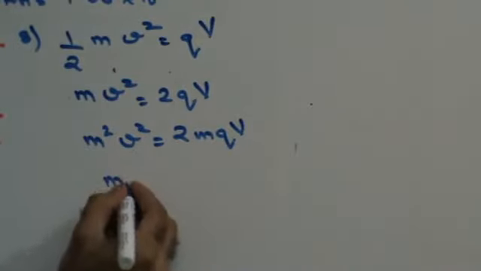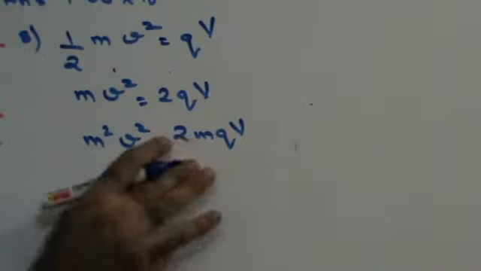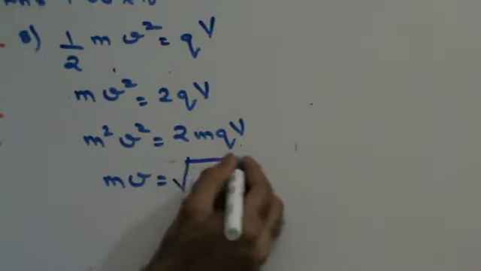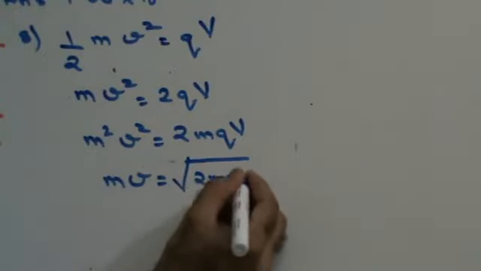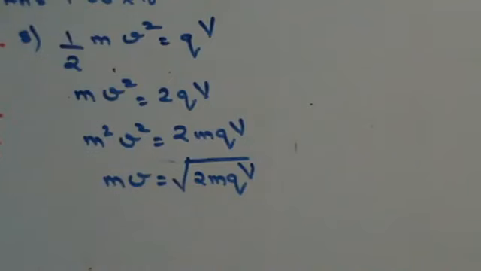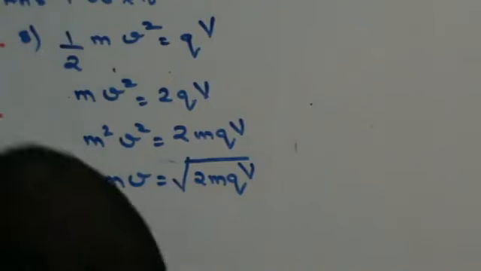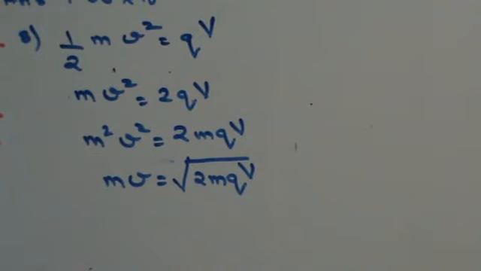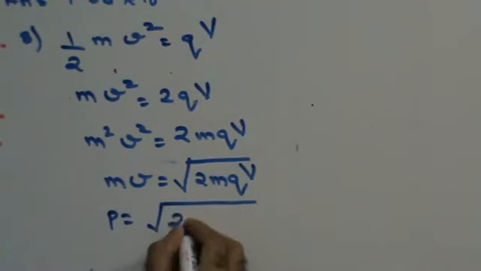Take square root, so I'll get mv is square root of 2mqv. Right, once I have this, but what is mv? mv is nothing but the momentum of the particle, so therefore I can say momentum is square root of 2mqv.